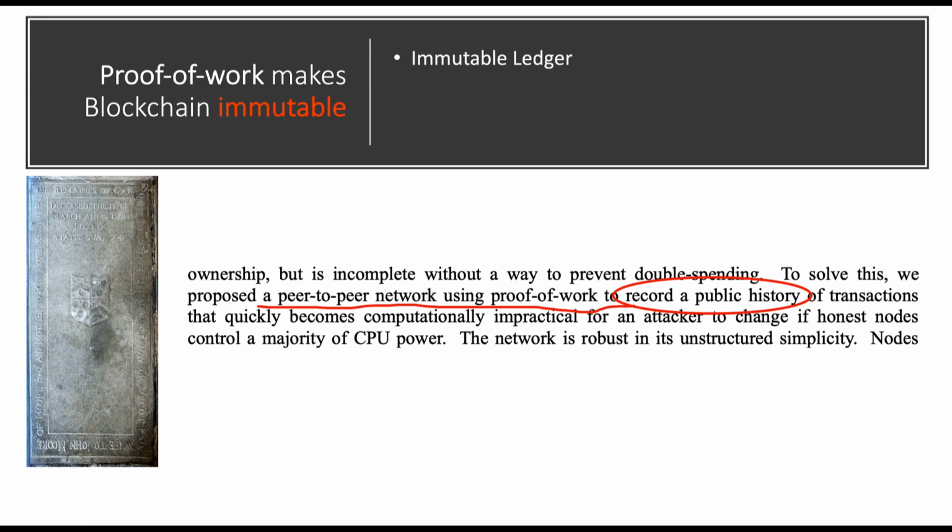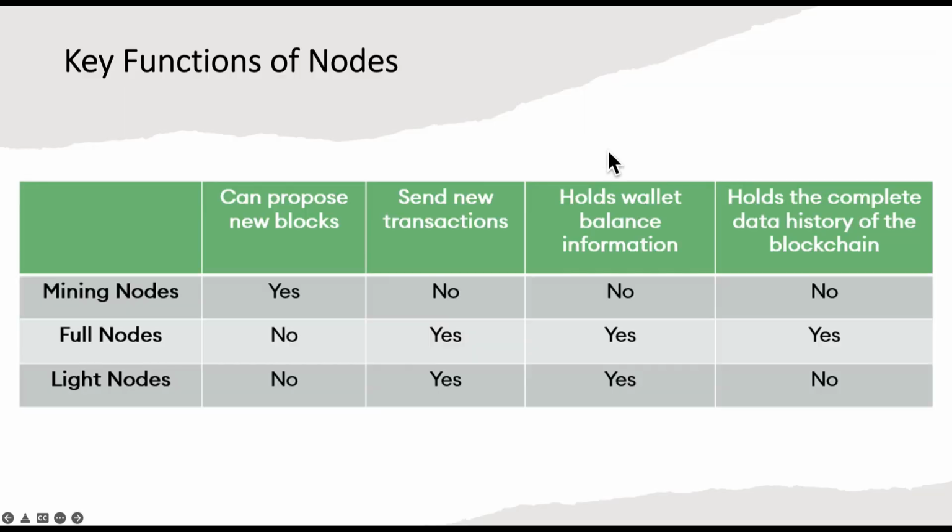The role of these miners is to complete an action such as finding a nonce that satisfies the current network difficulty. We will talk about the details of proof of work and mining in a separate video.